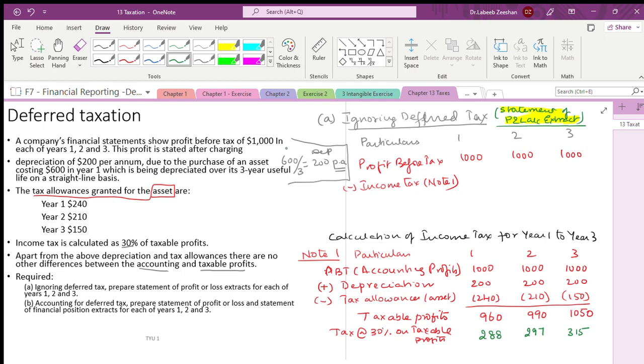Now, how much do you have to deduct? 288, 297 and 315.